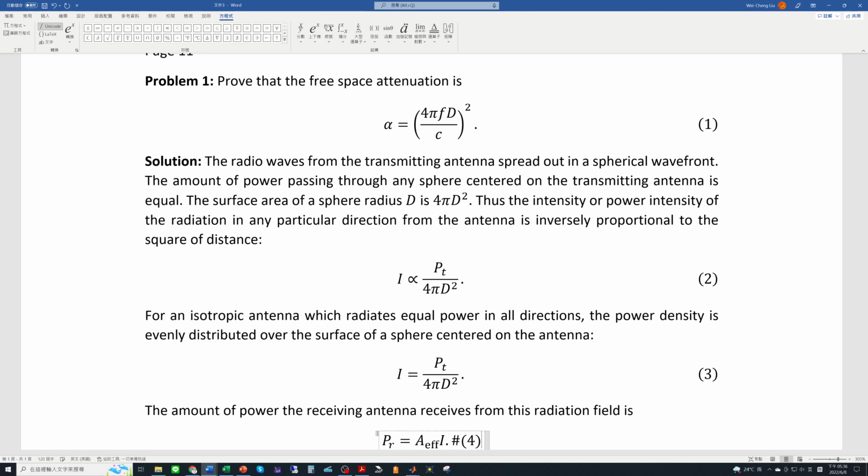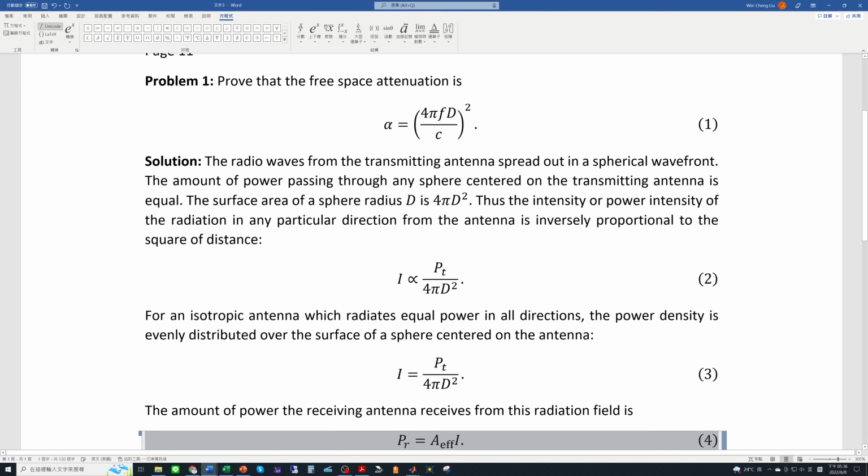This is equation 4, where eff denotes the word effective.